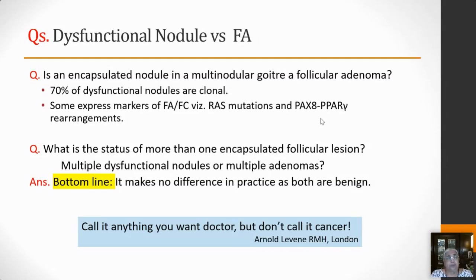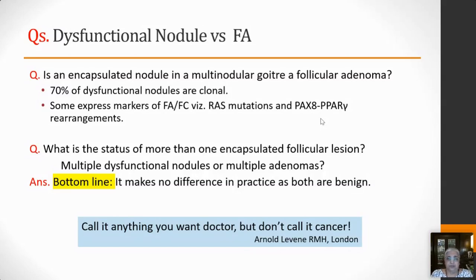A lot of people stress this issue of not having more than one follicular adenoma in the thyroid. I think that is not something that you can easily apply, because what is the status of more than one encapsulated follicular lesion in a multinodular goiter? Are you going to call them multiple dysfunctional nodules or multiple adenomas? And I think the answer is what I've already said.